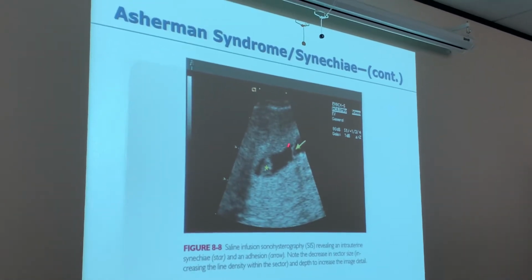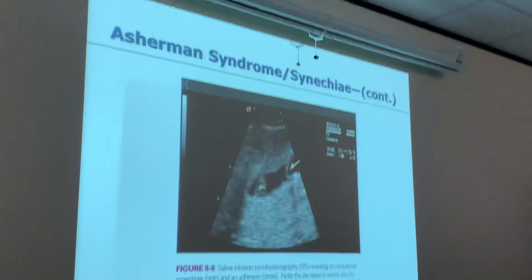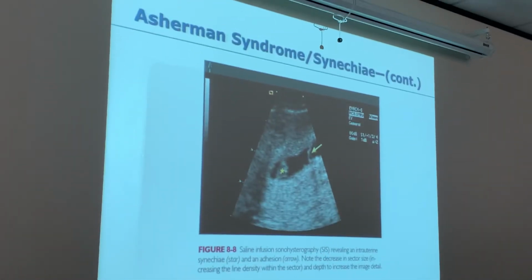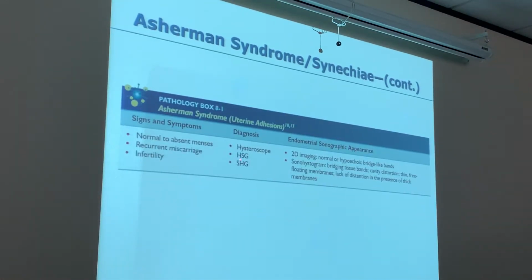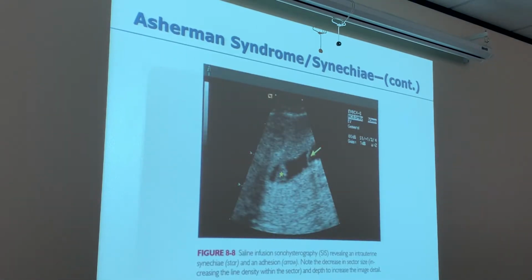They have dilated the endometrium with a SIS, which is the same thing as a HSG or a SHG. It is also called a SIS, saline infusion sonohysterogram. And it helps us see adhesions or synechia or scars inside the endometrial cavity.